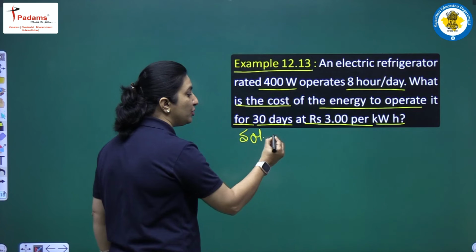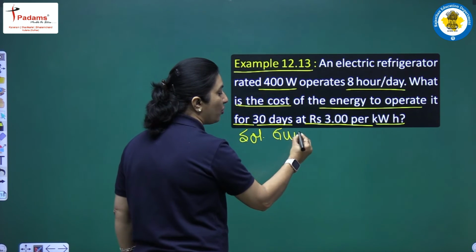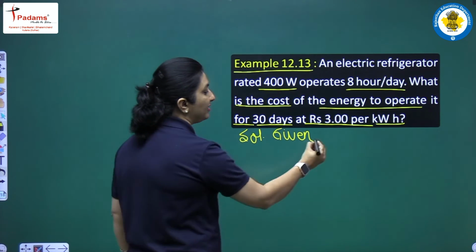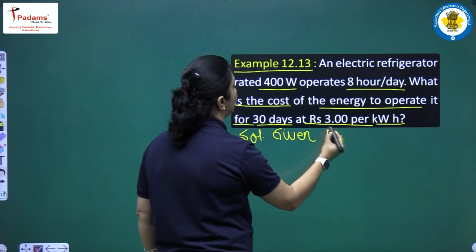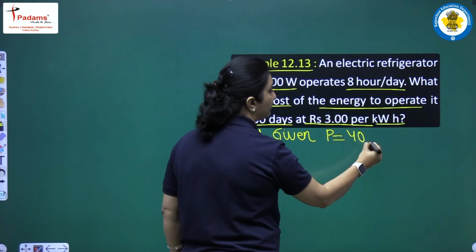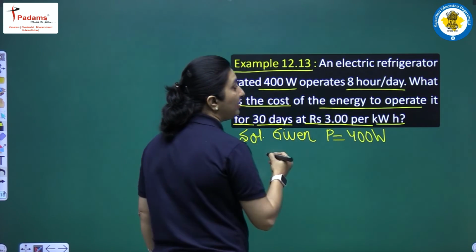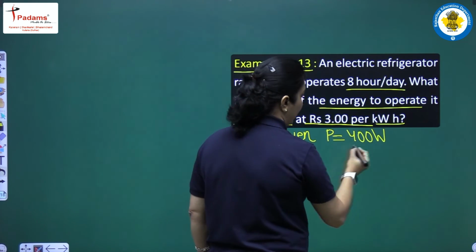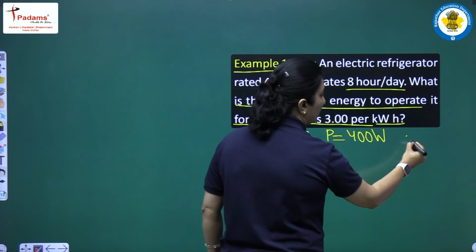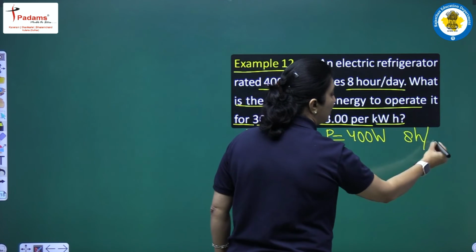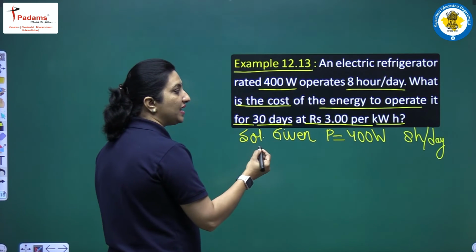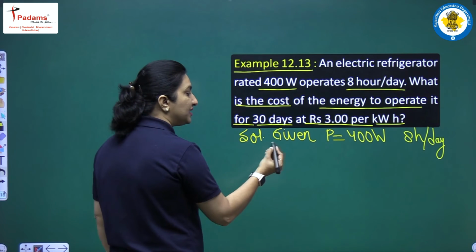And to begin with the solution, first we will write the quantities which are given. So we are given that the power is 400 watts and it operates for 8 hours in one day. So it operates for 8 hours per day. What is the cost of the energy to operate it for 30 days?